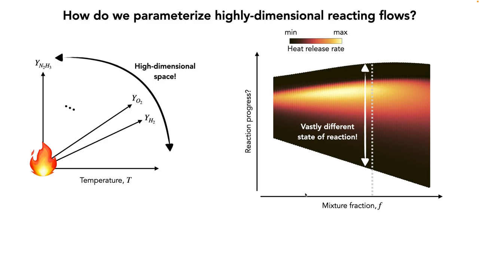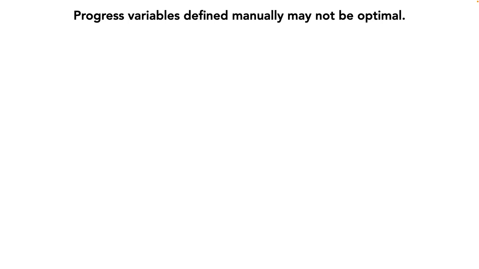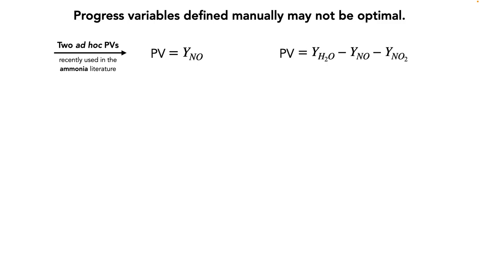The question is, how do we define this reaction progress variable so that the complete parameterization is successful in numerical simulation? This is the topic of our latest paper published in Combustion and Flame. In the past, researchers have defined those reaction progress variables, or PVs, manually, using some intuition behind which definition might work well.